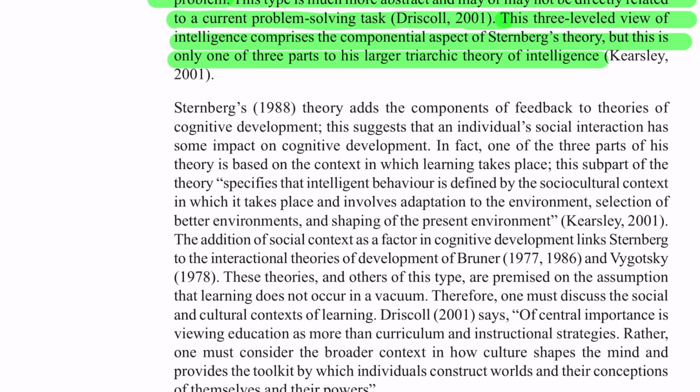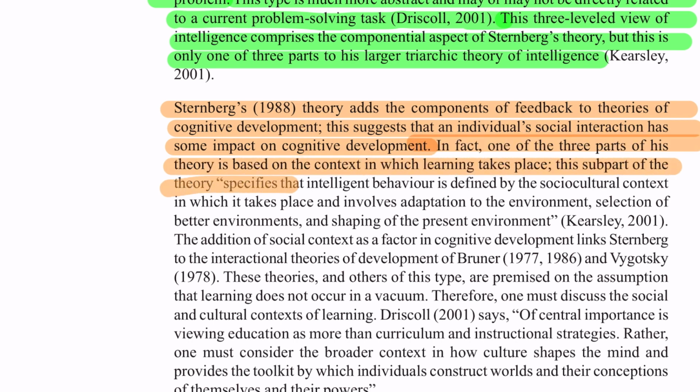So Sternberg's theory adds the component of feedback to theories of cognitive development, and this suggests that individual social interaction has some impact on cognitive development. In fact, one of the three parts of the theory is based on the context in which learning takes place.